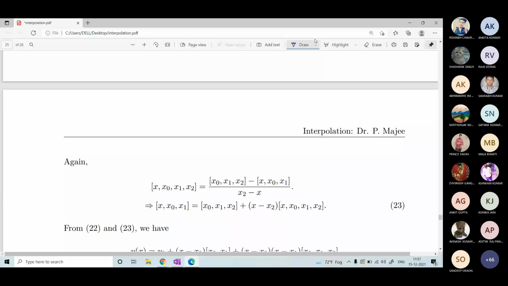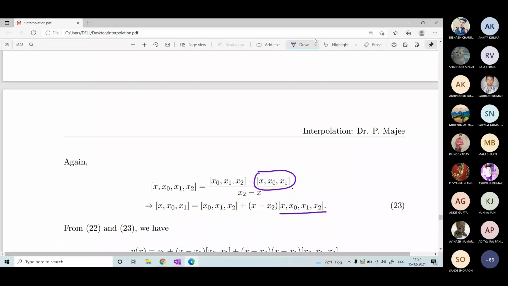From there you calculate this part, x0, x1. If you simply do the multiplication and simplify, you will get the divided difference of x0, x1 equal to the divided difference of x0, x1, x2 plus x minus x2 into the divided difference of x, x0, x1, x2.